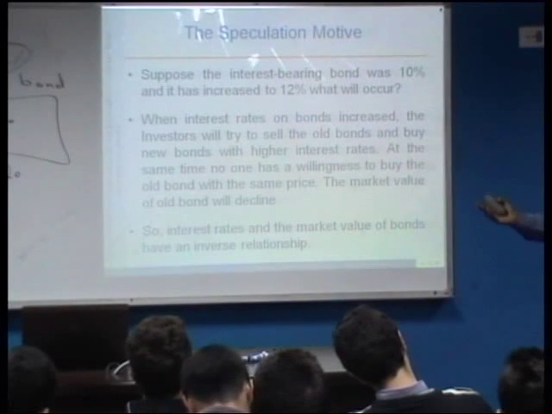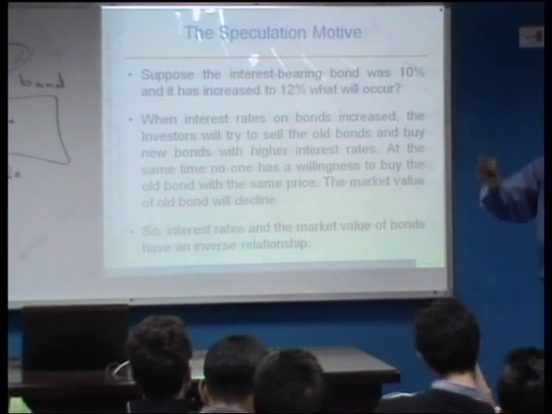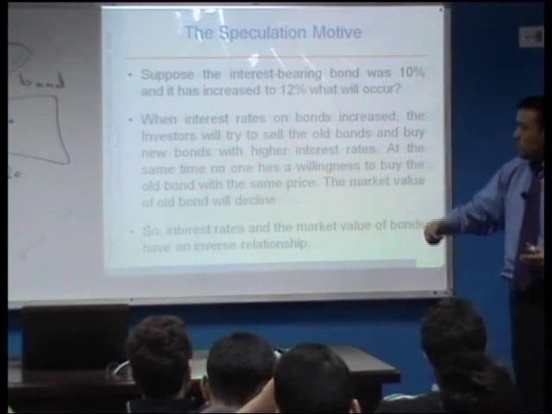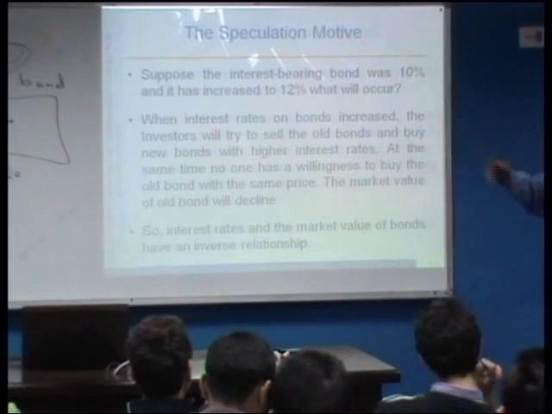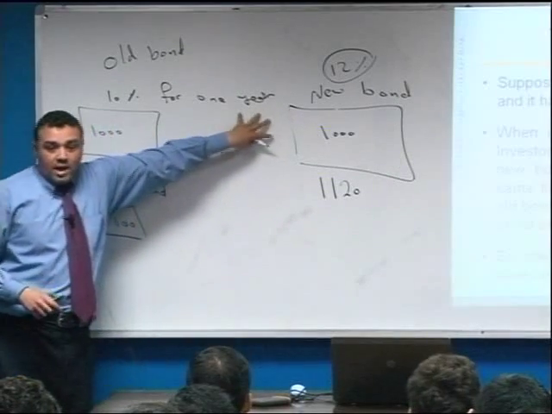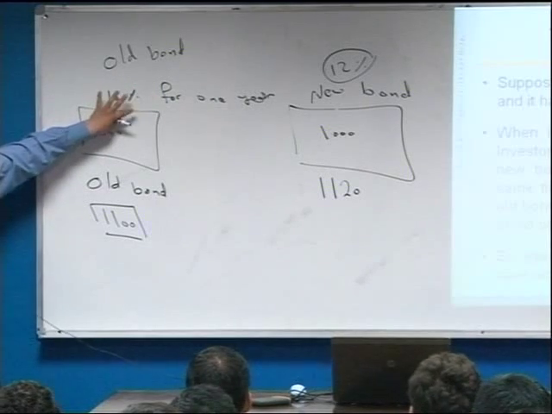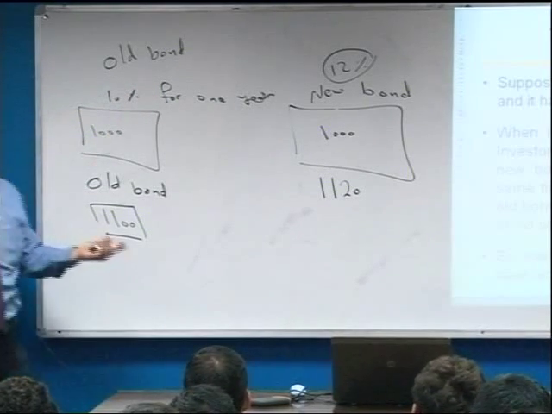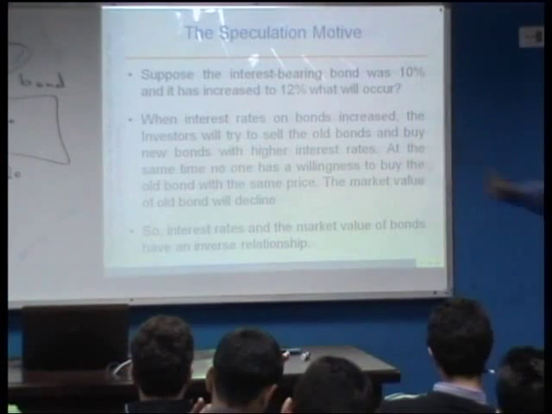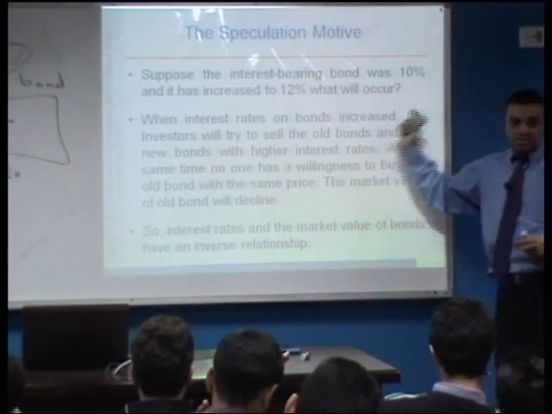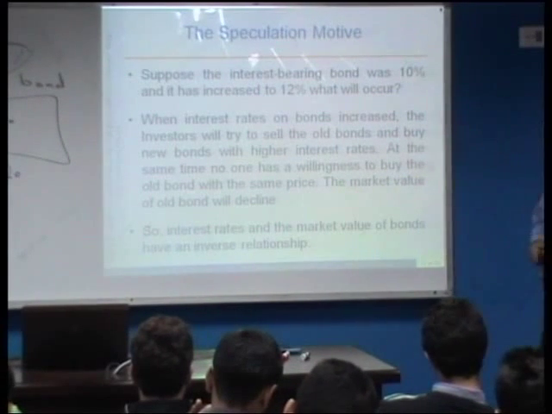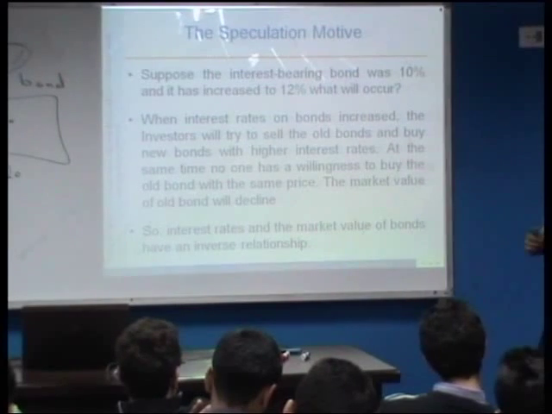As you see, when the interest rates on bonds increased from 10% to 12%, the investors will try to sell the old bonds. بيجوا ايش بدهم يسووا؟ بقول لك مثلا طلع عندي بوند جديد ب 12, I have to sell the old bonds واشتري جديد, and to buy new bonds with higher interest rates. صح?